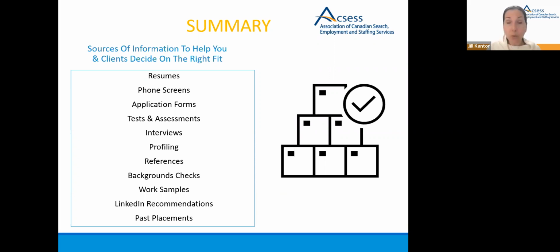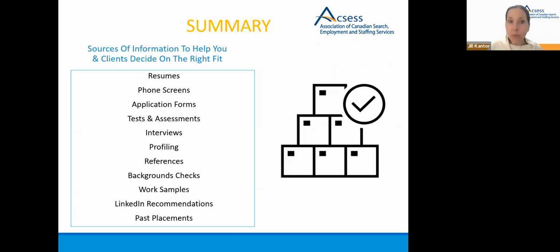Do we create a form so that we can measure candidates and evaluate candidates fairly against each other, similar to what our clients might do with a matrix or a rubric. We looked a little bit around tests and assessments, the interview process, the depth of the process. We spoke about the value of structured versus unstructured, using interview forms versus no interview forms. We've talked a little bit about the idea of adding in some more behavioral and situational style questions.